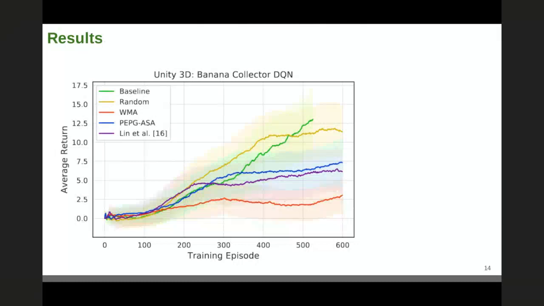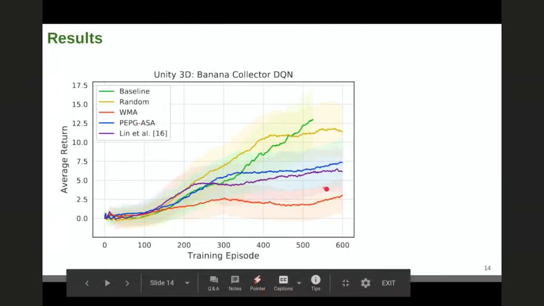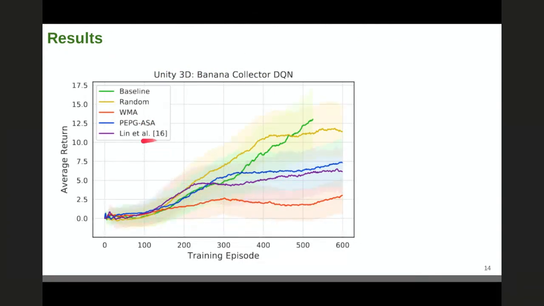So the weighted majority algorithm has really good effectiveness. And our black box attack has competitive results with the previous paper by Lin and EJK. But our method doesn't have to access the parameters.